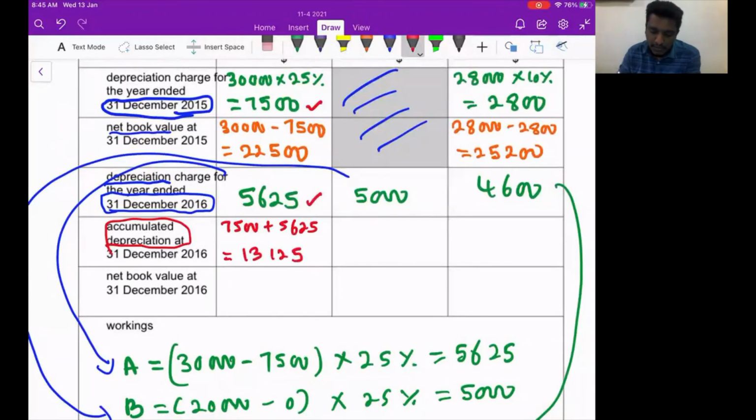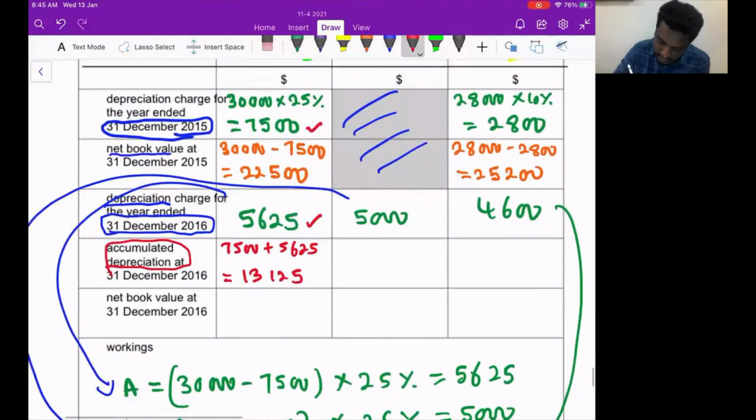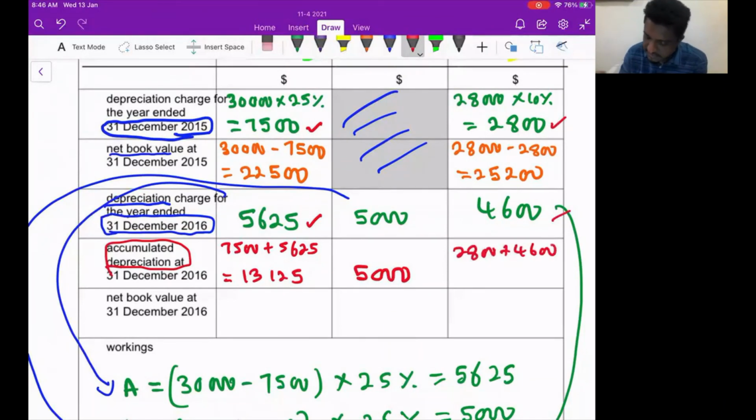For motor vehicle B, there's only one, so straight away write 5,000. For equipment, last year was 2,800, this year was 4,600. Plus together, you get 7,400.